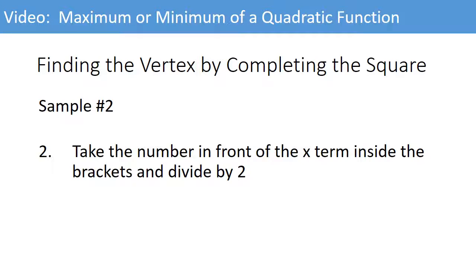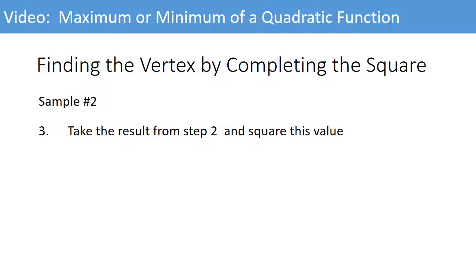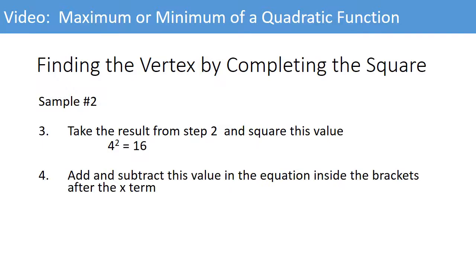Step number 2. Take the number in front of the x term inside the brackets and divide by 2. 8 divided by 2 is 4. Now, take the result from step 2 and square this result. 4 squared is equal to 16.